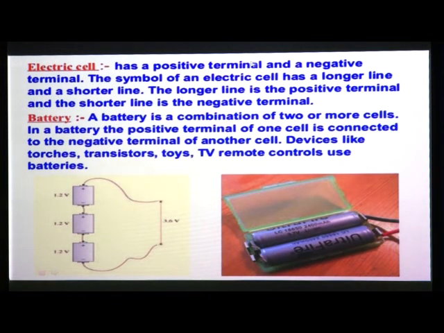This is the positive terminal, and this is the negative terminal. The longer line is the positive terminal, and the shorter line is the negative terminal.